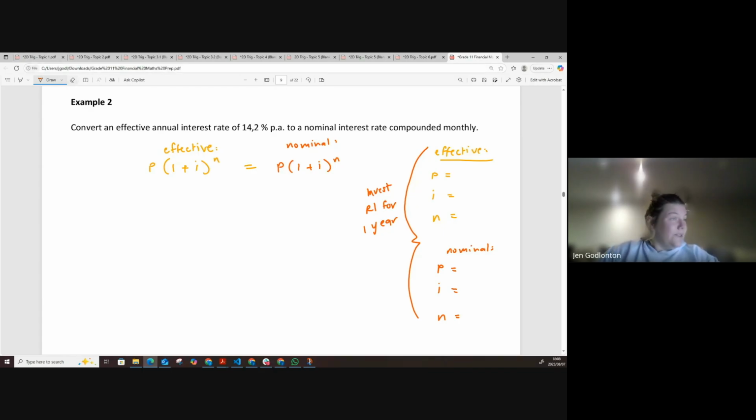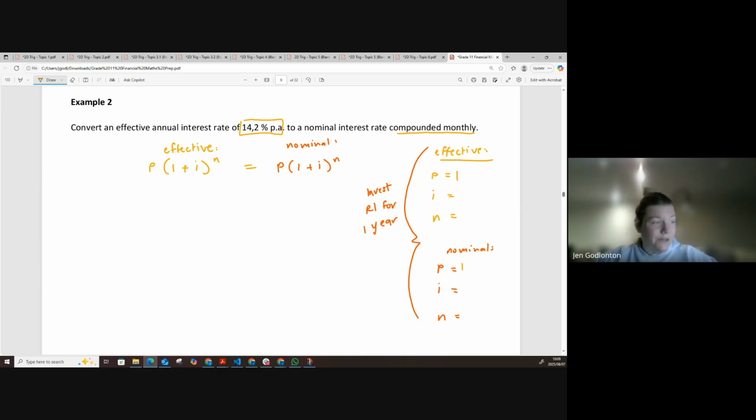Okay, so I'm going to start putting in the information that we know. We're going to keep our P1 for both of them. And in this case, we've got 14.2%. It's an effective annual interest of 14.2%, and we're trying to convert it to a nominal interest rate, which is compounded monthly.